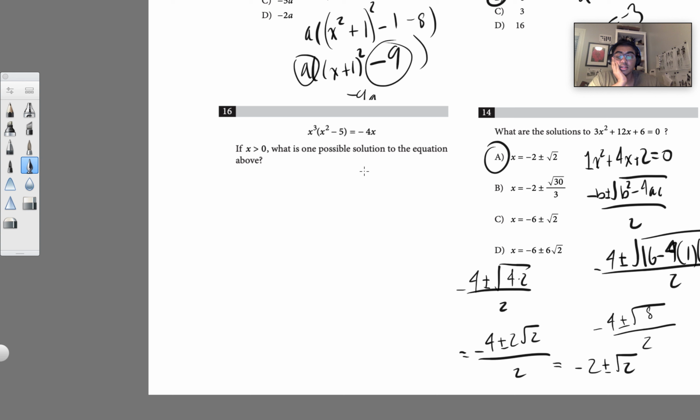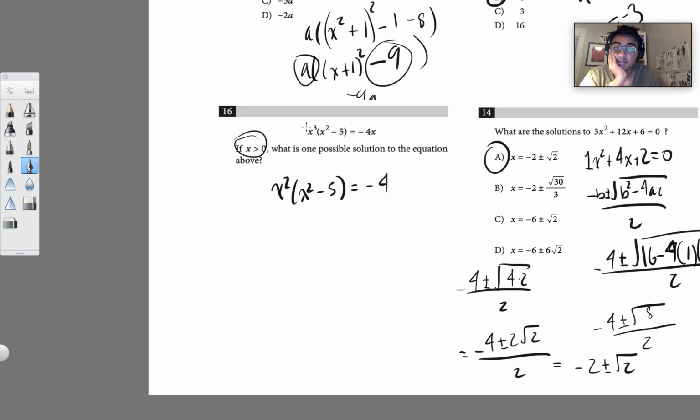Alright, looking at this, we can factor an x squared out of this. So it'll be x squared times x squared minus 5 is equal to negative 4. Now here's the thing, guys, you've got to be careful here. It says if x is bigger than 0.